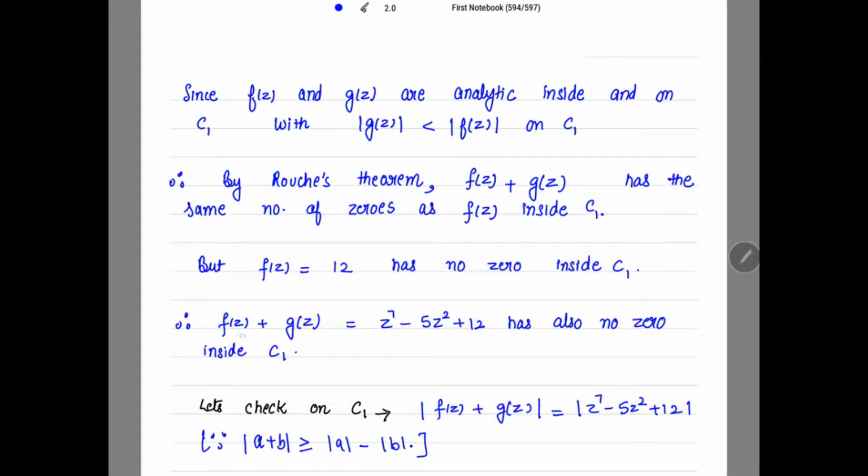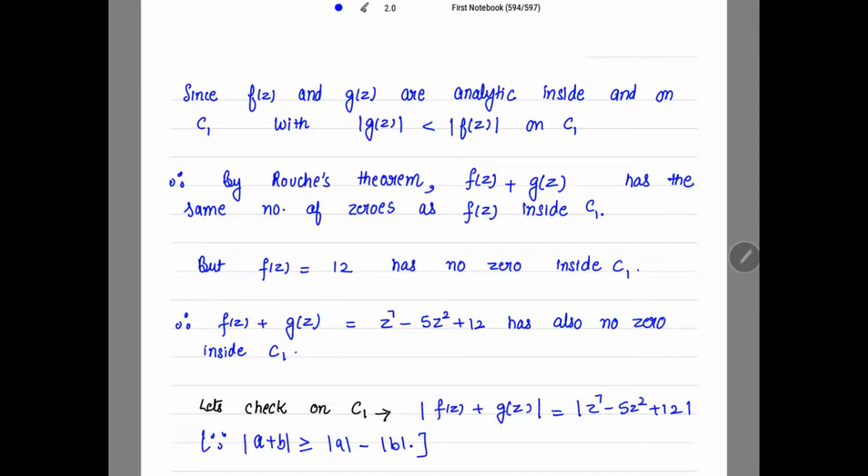So therefore f(z) plus g(z), which is your given polynomial, also has no zero inside C1. Rouche's theorem states that both the functions f(z) and f(z) plus g(z) have the same number of zeros. Now if f(z) has no zero, that means f(z) plus g(z) is also having no zero inside C1.